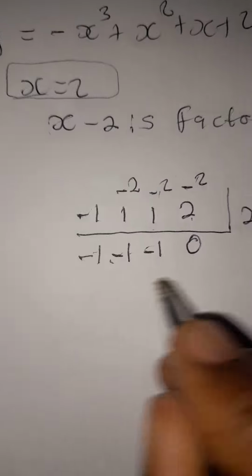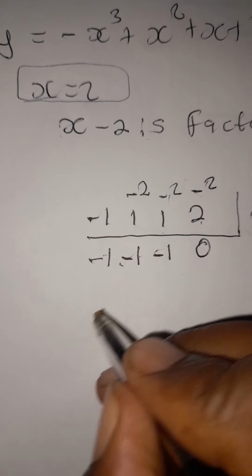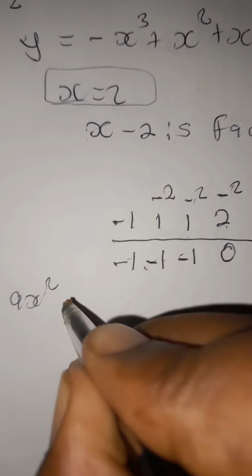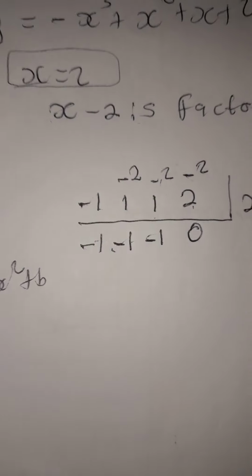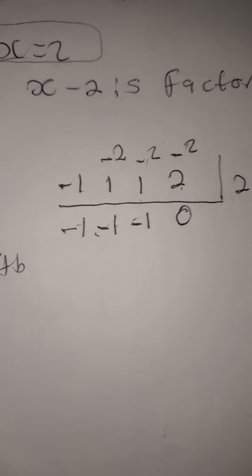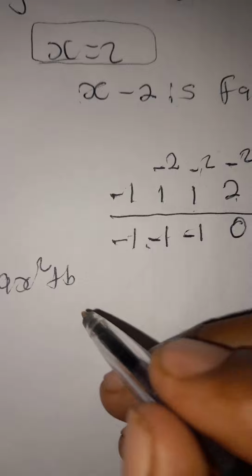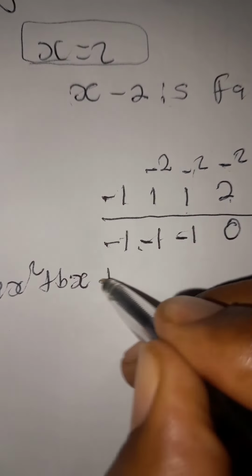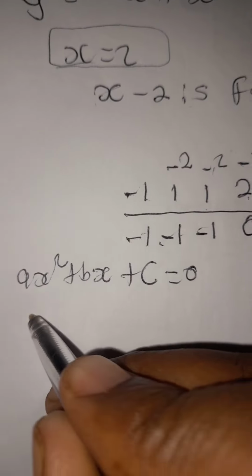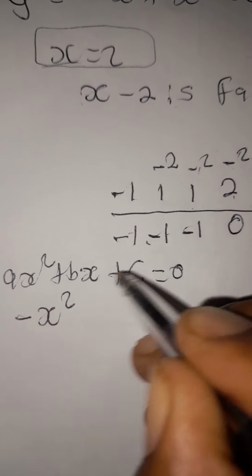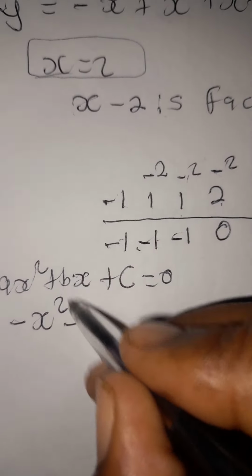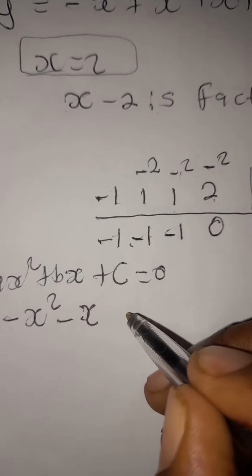So can you see? We now have a trinomial. Our first factor, we write in this form: ax squared plus bx plus c, which equals 0. So what is a? A is negative 1, the coefficient. B is going to be minus 1, so this is minus x.